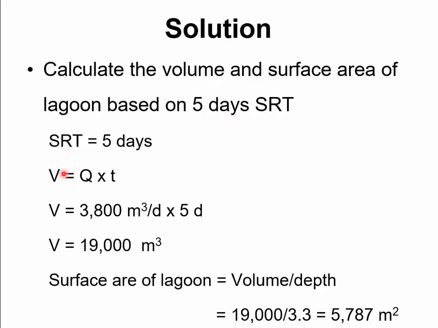Simply using the definition of discharge, discharge is volume per unit time, so volume would be discharge multiplied by time. Discharge is given, time is given, so you can find out the volume. The surface area can be determined by dividing the volume by depth. So around 5,787 square meters of surface area would be required for the lagoon system.